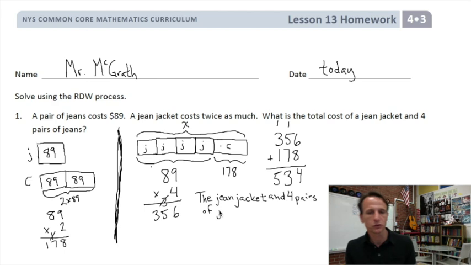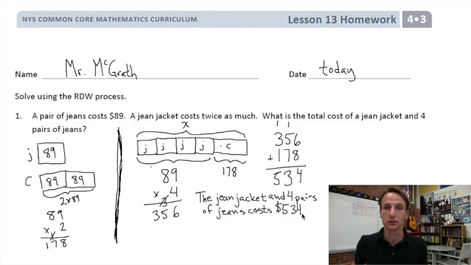The jean jacket and 4 pairs of jeans costs a whopping $534. Wow! That's pricey, yo. All right, let's go on to number 2.